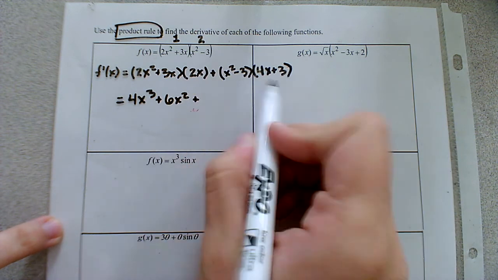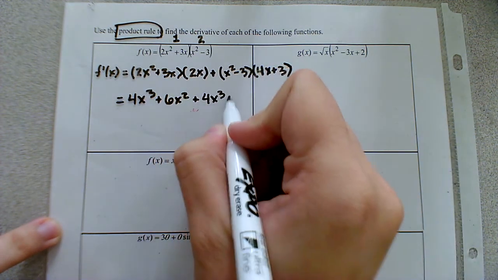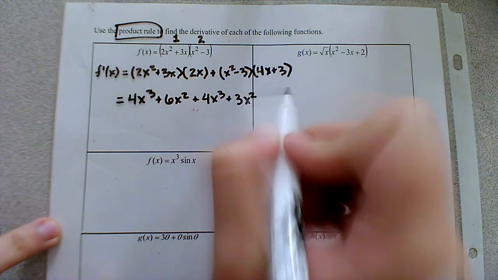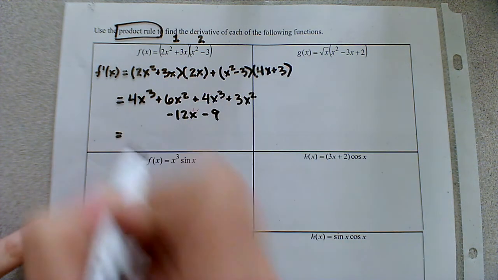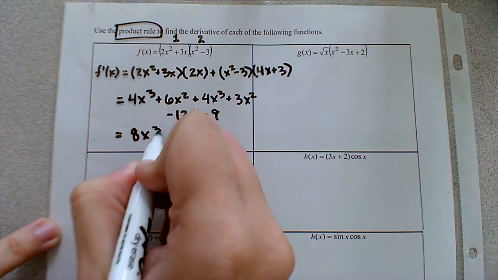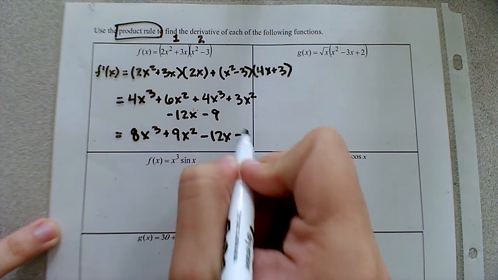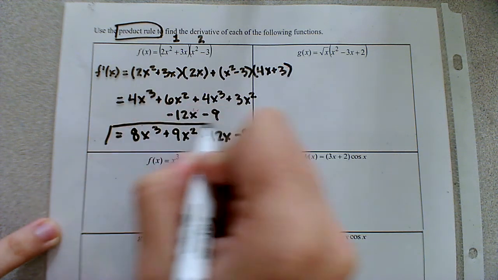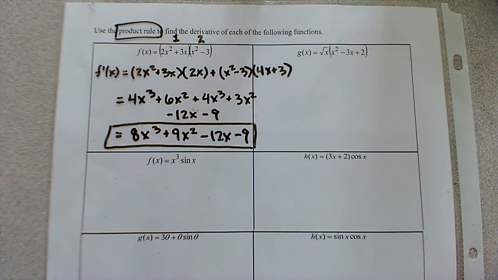And then going through kind of a FOIL distribution process here, we'll get 4x cubed plus 3x squared minus 12x minus 9. So combining some terms together, looks like we get 8x cubed plus 9x squared minus 12x minus 9. So there's our final derivative. Again, this is representing the slope of the tangent line at any point.